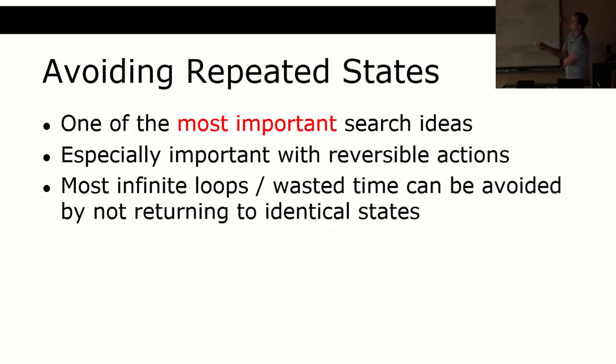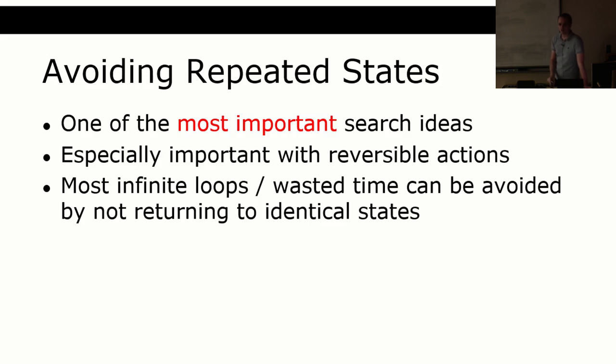So most infinite loops and wasted time can be avoided by simply not returning to states that we've been in before. If we think about the properties of our environment, would an optimal path ever visit the same state twice? If it has a non-zero positive action cost, revisiting that state would just add to the cost.